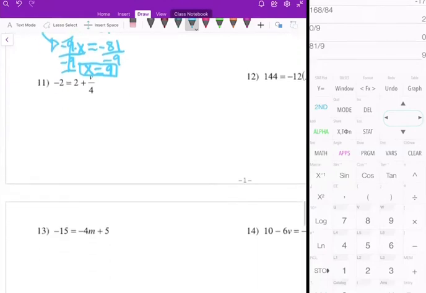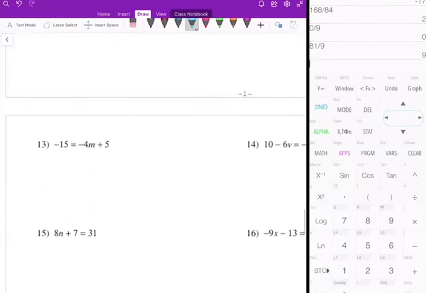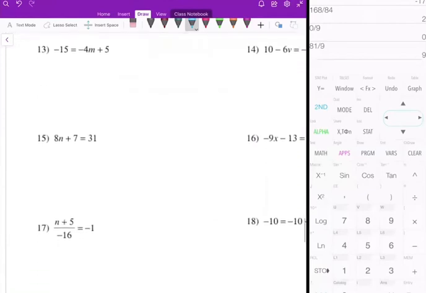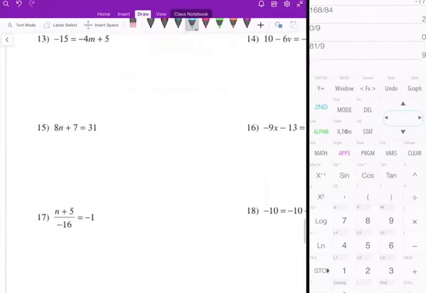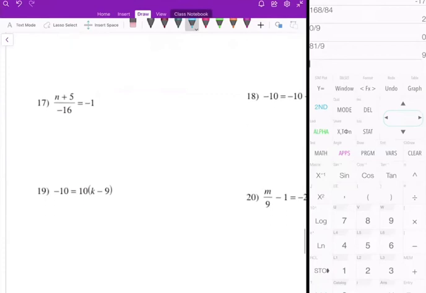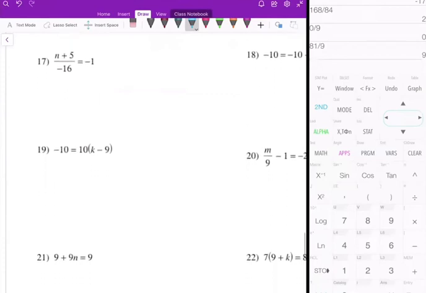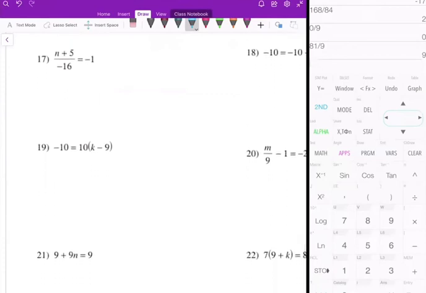And that is how you do number 9. Let's do a few more examples. Let's see, 17. Yeah, let's do 17. It's a bit challenging. Let's take our time. All right, so now here, the first thing I want you guys to do is put parentheses around n plus 5.